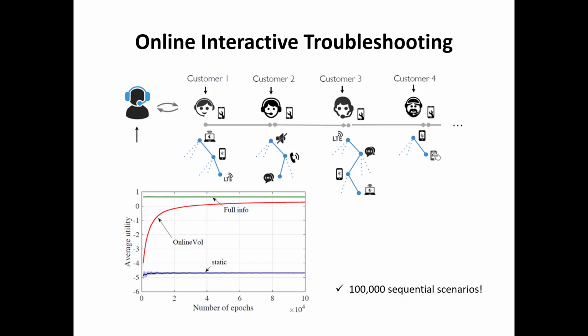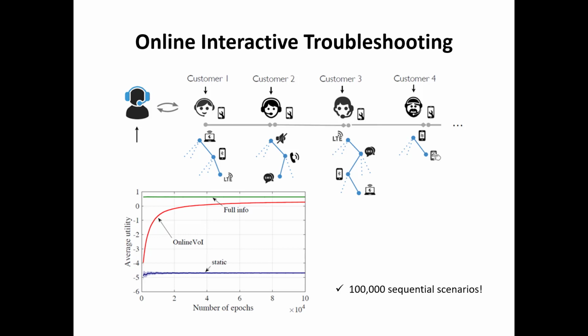Then, in the following, we study the online learning paradigm. In this setting, we assume that we do not have access to the true or correct parameters of the system, and we aim to learn them using this online paradigm. So the experiments reported here are in three different settings.